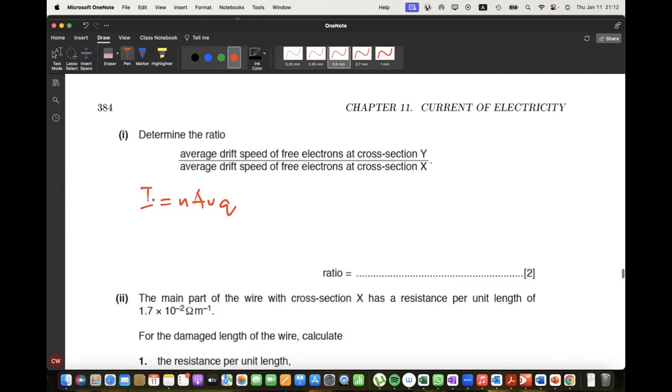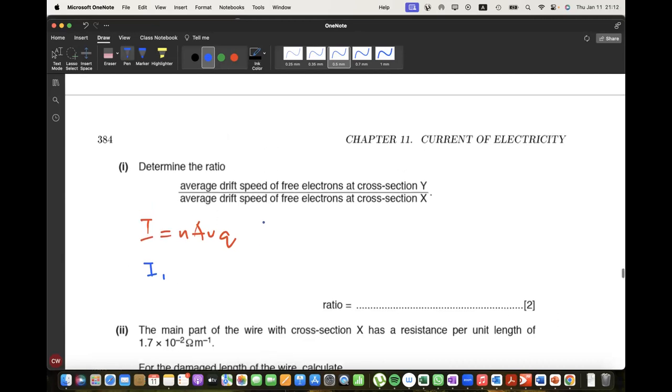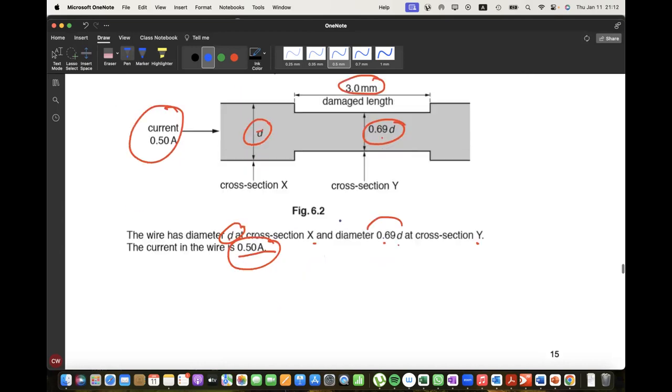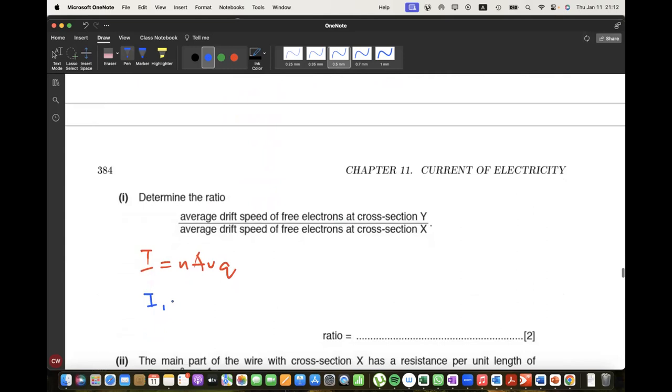What can we say about the current? Is the current constant or not? How do you know the current is constant? What kind of connection? How many flows are there? It's only one line, right? It means same current. How about the N? Are they the same? N depends on what?